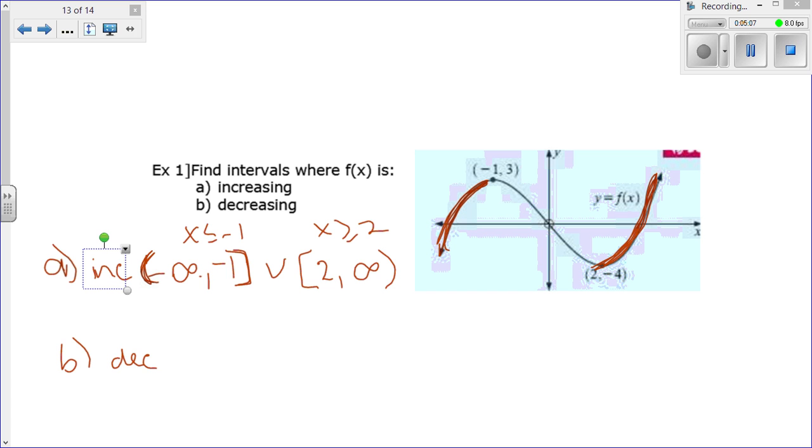So it's just two different ways to say the same thing. This function is decreasing, well, it's going to be decreasing right through there. So my function is decreasing from -1 to 2. And I'm just going to kind of put this in here so we can see the difference. This includes endpoints.